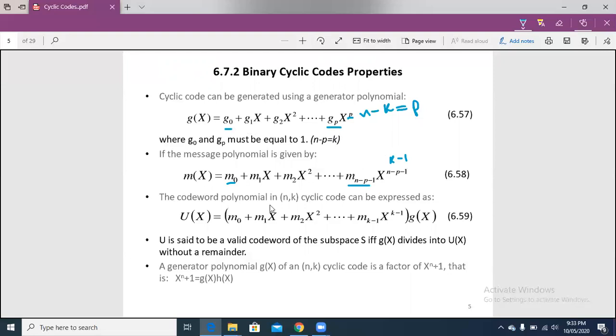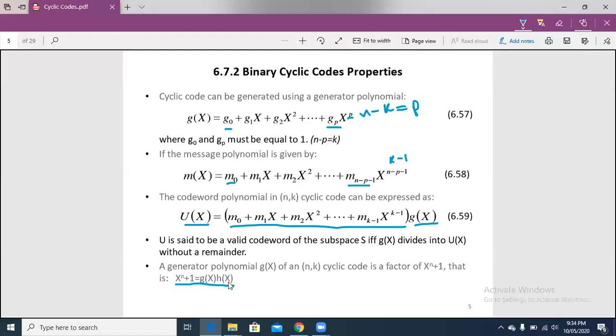So the form of the code word is that when we multiply this message with this generator polynomial, we will get the code word. And also we have the parity check matrix. The parity check matrix is of h of x, where g of x times h of x is equal to xn plus 1.